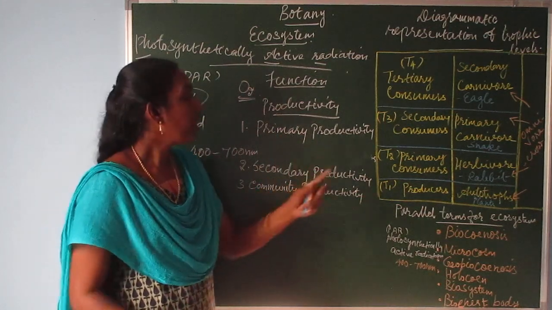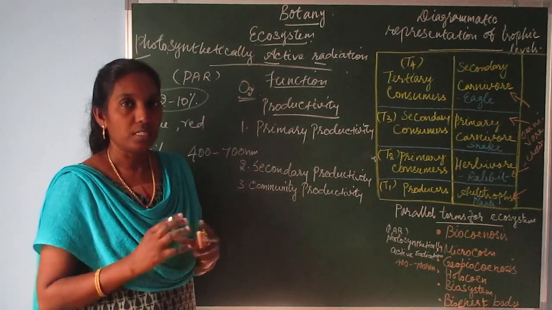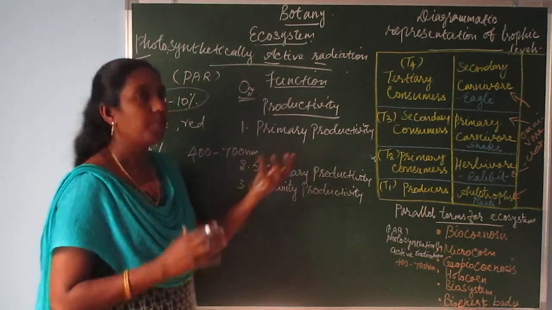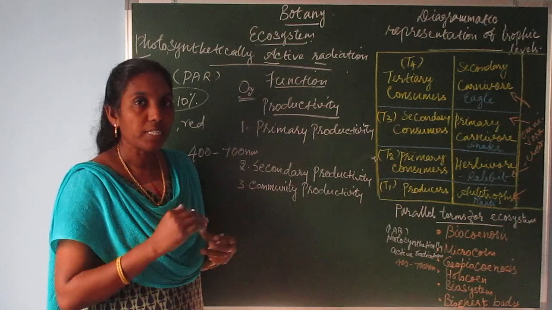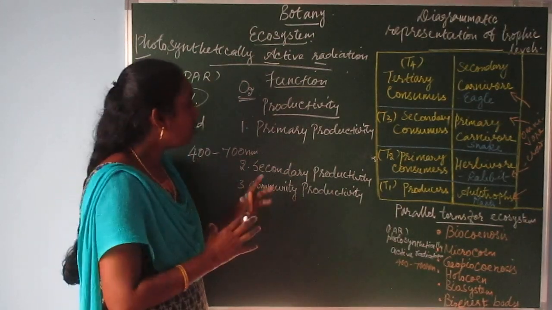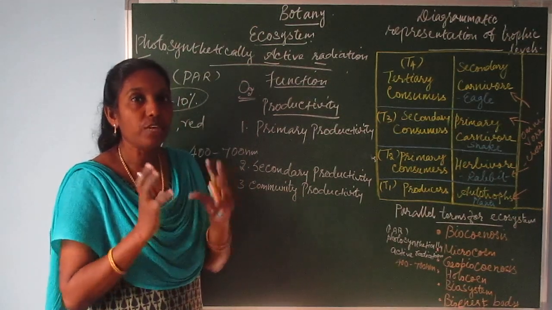So what is meant by primary productivity? The primary productivity is the gross amount of energy, biomass, where the green plants, the autotrophs, play an important role. The autotrophs manufacture the food material, the food energy.